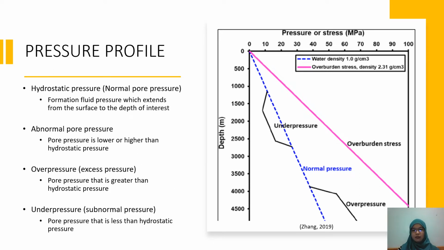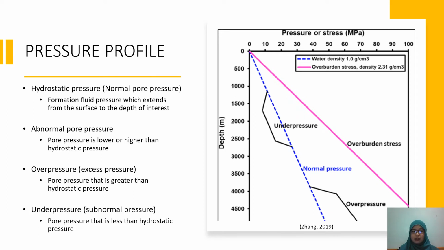In the pressure profile, we can see three types of pressures, which are the hydrostatic pressure, the overpressure, and also the underpressure. Hydrostatic pressure, also known as the normal pore pressure, is the formation fluid pressure which extends from the surface to the depth of our interest, whereas the abnormal pore pressure is a lower or higher pore pressure than the hydrostatic pressure, and this includes the overpressure and also the underpressure.